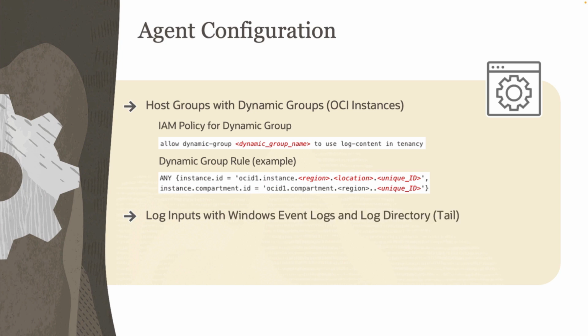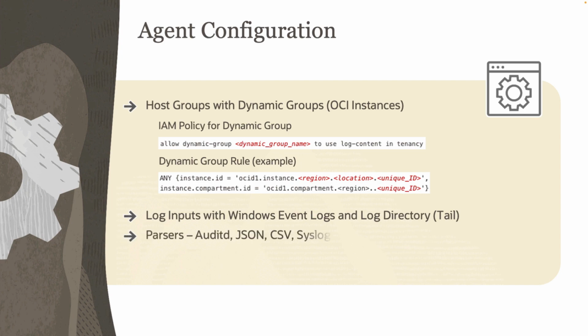The next component in an agent configuration is that it allows you to select the type of logs you want to ingest. There are different supported log inputs. You can choose a Windows event log that will have event channels for applications, systems, or security. Or you can choose a log directory path where you can specify the path of the log file. Usually a path is specified for Linux systems, and as an example, the /var/log/messages log file.